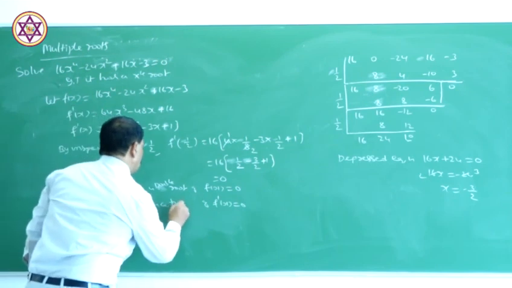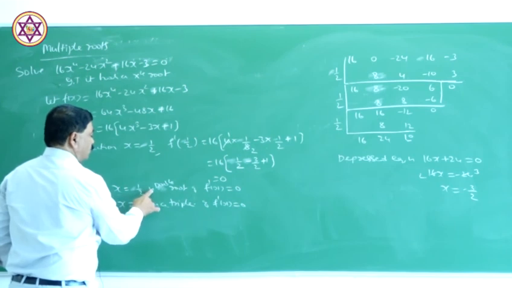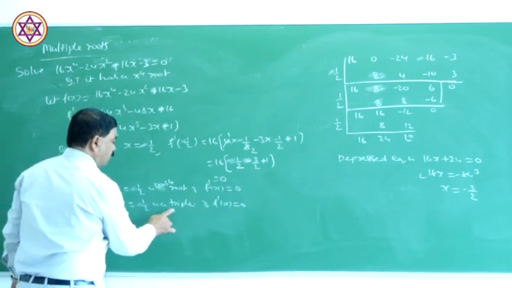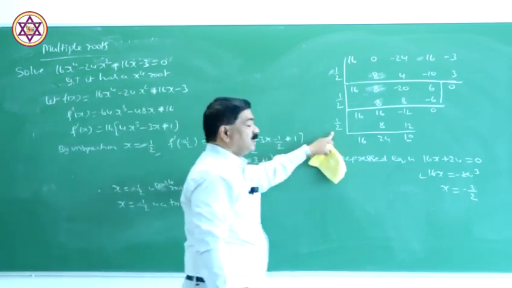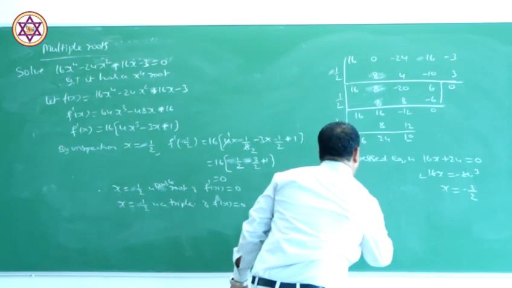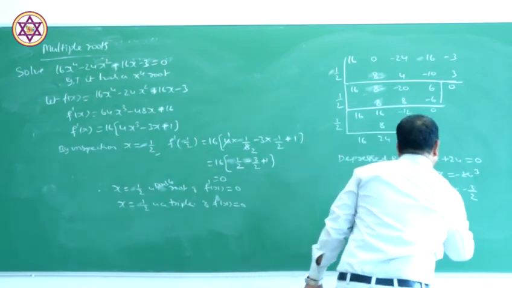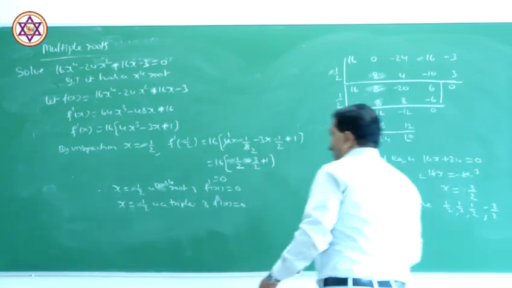This one is a triple root. x is equal to half is a double root of f dash of x is equal to 0. x is equal to half is a triple root of f of x is equal to 0. I am dividing 3 times. Therefore, roots of given equation are half, half, half, minus 3 by 2.